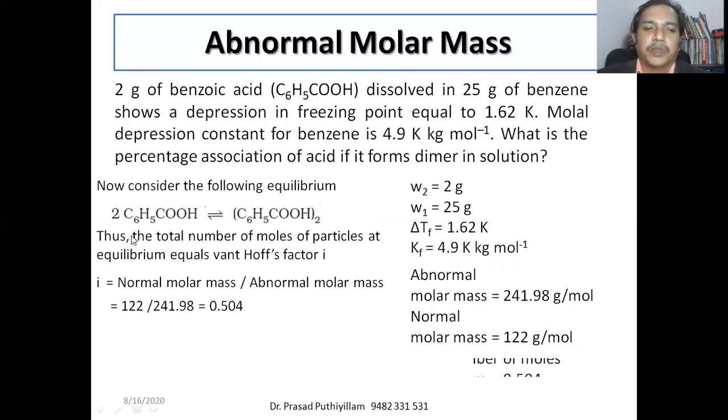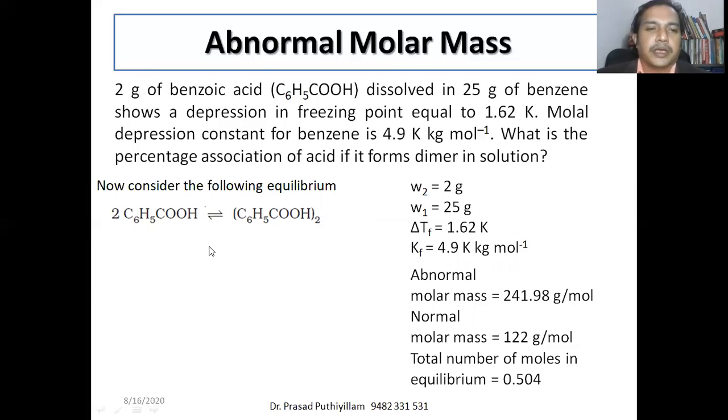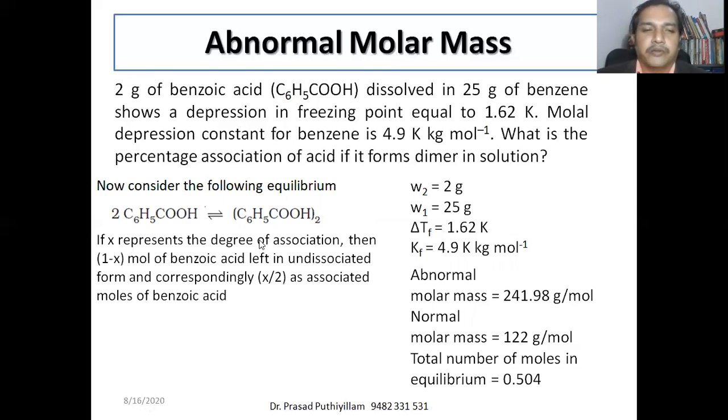From this equilibrium we can also calculate that if x is the degree of association, the number of molecules left unassociated will be 1 minus x, and those which undergo association will be x divided by 2. Therefore, you have to combine these two to get the total number of moles.